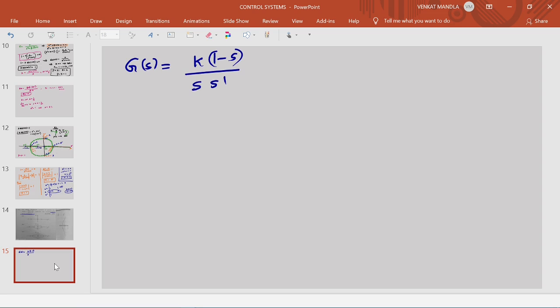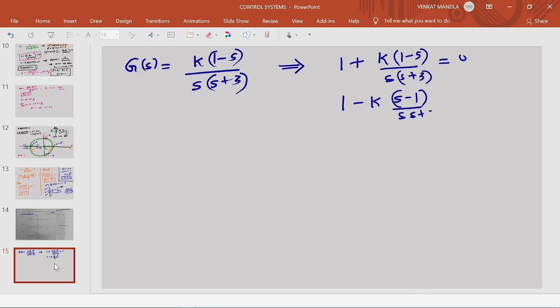The characteristic equation is 1 plus K(1 minus s) by s into (s plus 3) equal to 0, that is 1 minus K(s minus 1) by s into (s plus 3) equal to 0. And from this, 1 minus K G(s) H(s) equal to 0.